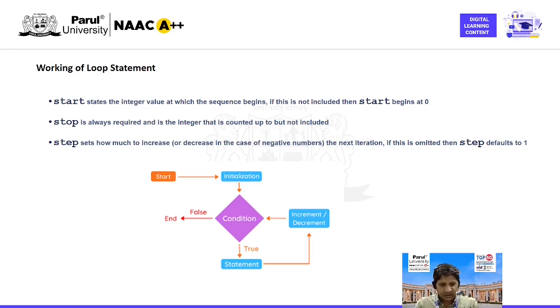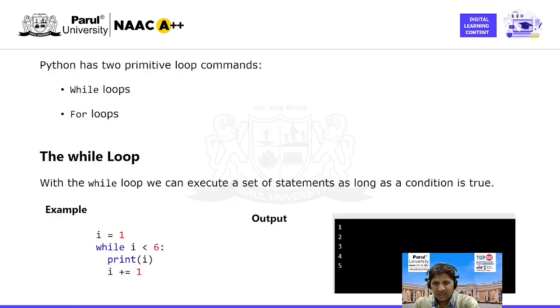The loop goes up to the end, it means it exits from the loop body. That's why you can see here only the numbers 1 to 5 are printed in the output but not 6. Why? Because the given condition is false when the value of i is 6. If the given condition is false, then the loop body will never be executed.